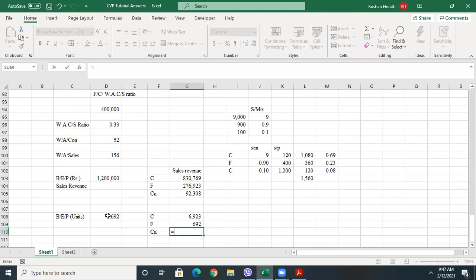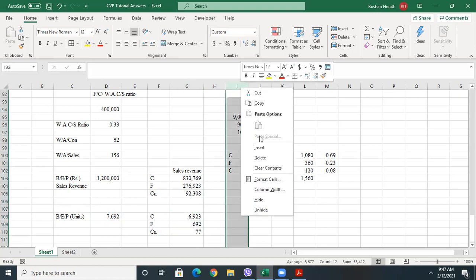And here we can get 0.1 divided by 10 units, 77. So this is how the unit comes.